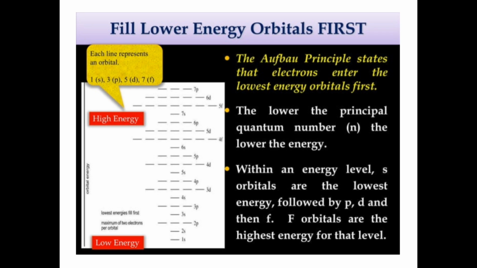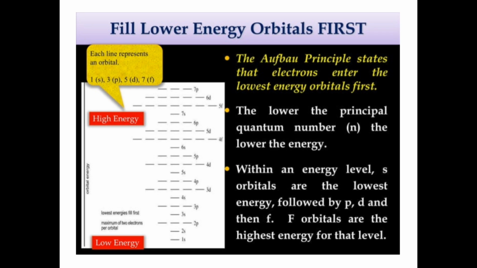Another way to put the Aufbau principle is to say that in the building up of an atom, electrons are fed into atomic orbitals with lowest energy first, and each orbital may hold up to 2 electrons.